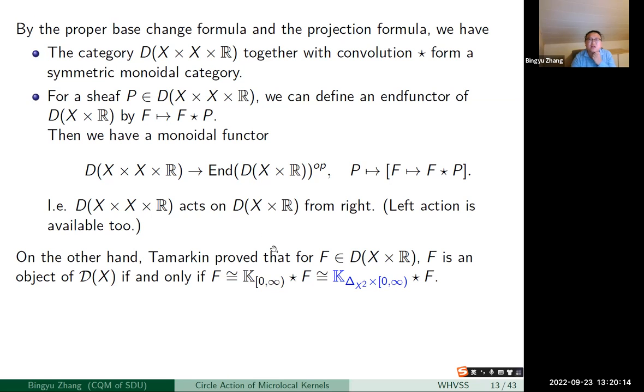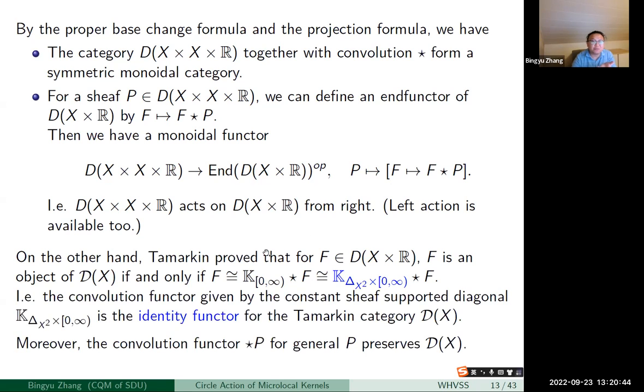And Tamarkin proves that the identity functor of the Tamarkin category is represented by the kernel that is a constant sheaf supported on the diagonal times a half interval. Here, in the Tamarkin kernel we act from the left, and above we act on the kernel from the right.